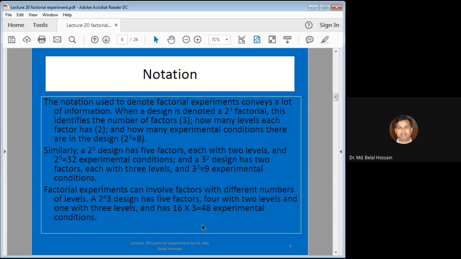The notation used to denote factorial experiments conveys a lot of information. When a design is denoted by 2 to the power 3 factorials, so you will understand 3 factors is with 2 levels. This identifies the number of factors is 3. How many levels each factor has, that is 2.